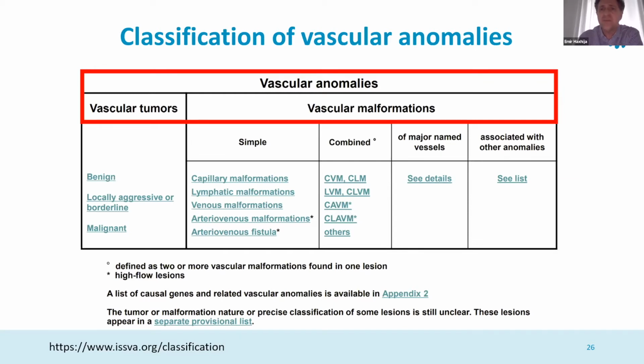The vascular malformations are divided into simple and combined. Then there is a subgroup of major named vessels, which I will go into a bit later, and then a group of vascular malformations associated with other anomalies.